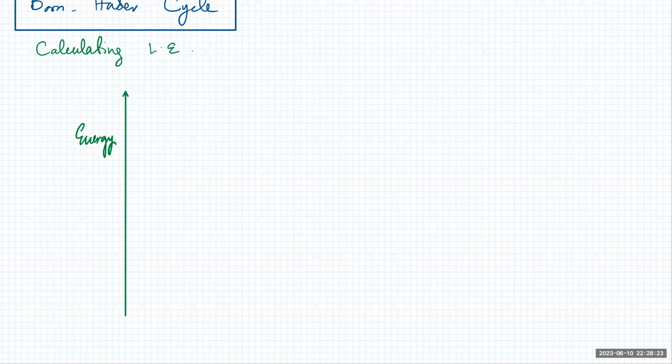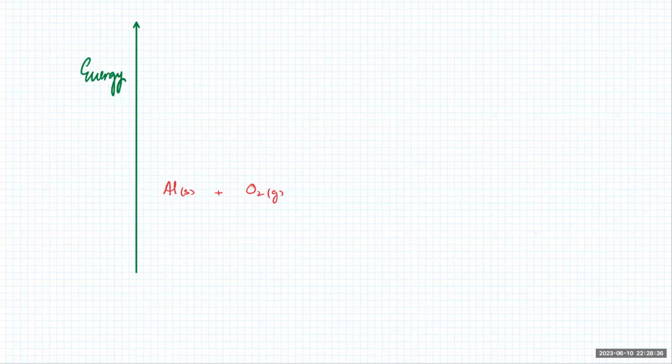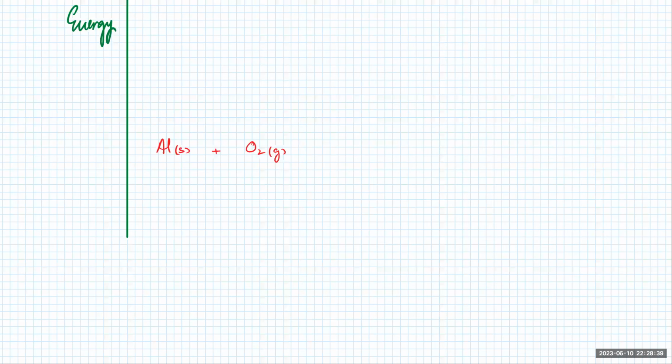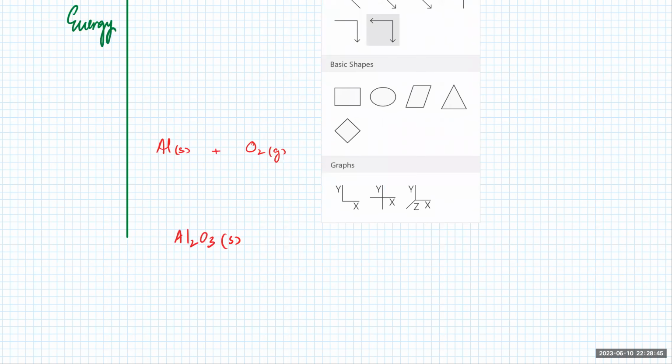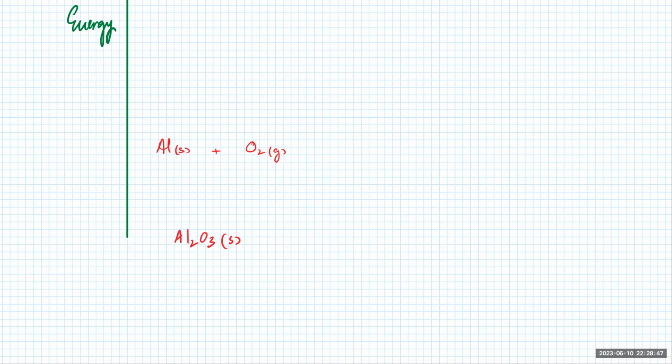Anyways, enthalpy of formation is from elements: aluminum solid plus oxygen gas together forming aluminum oxide, which is exothermic. So the arrow goes downwards. That's my starting point, my enthalpy change of formation.